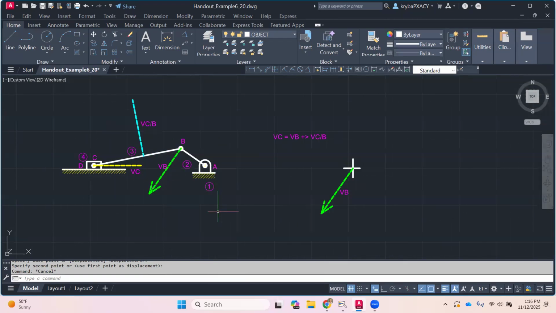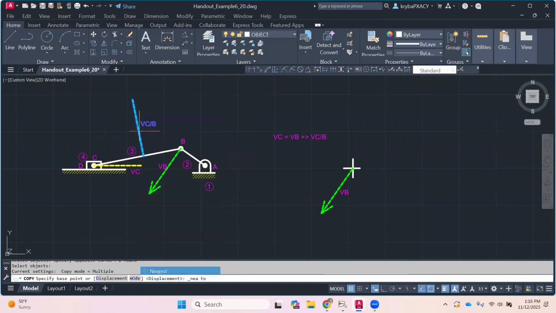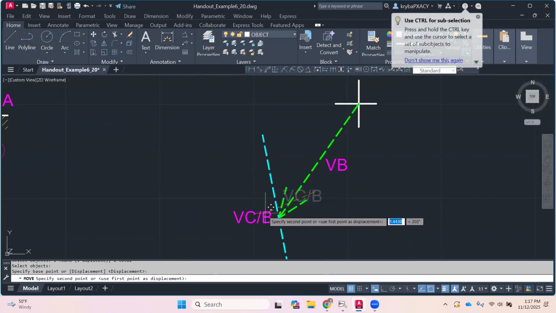And now on the end of it, I'm going to add the velocity of C relative to B. So I'm going to copy C relative to B again, and somewhere along the length of that vector, I'm going to place it at the endpoint.